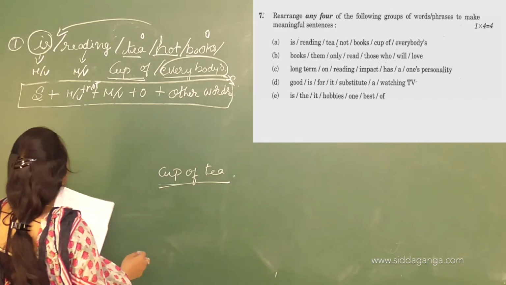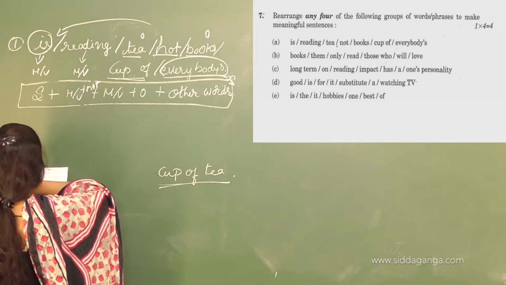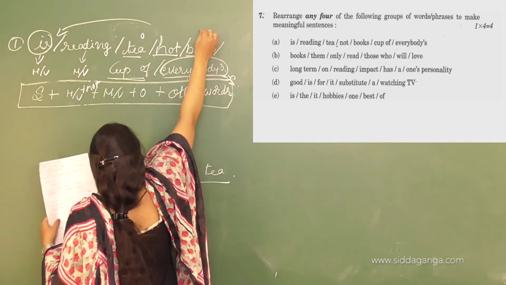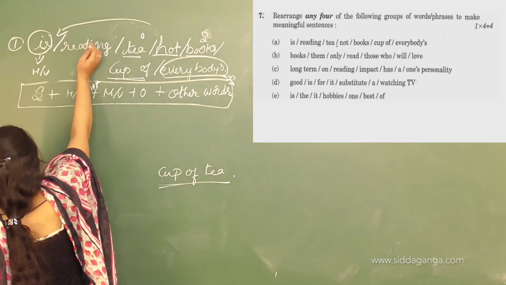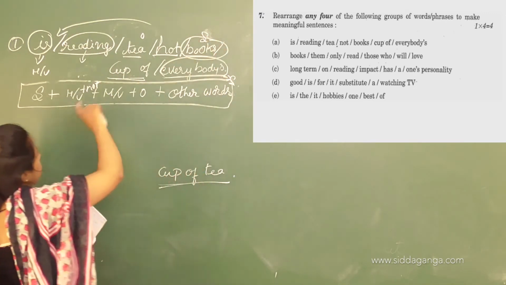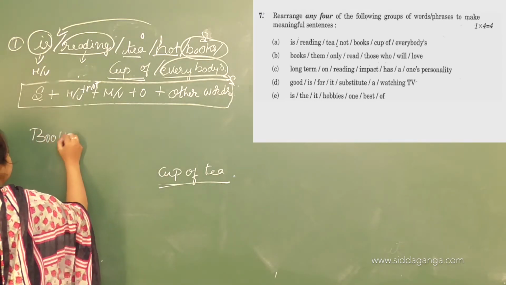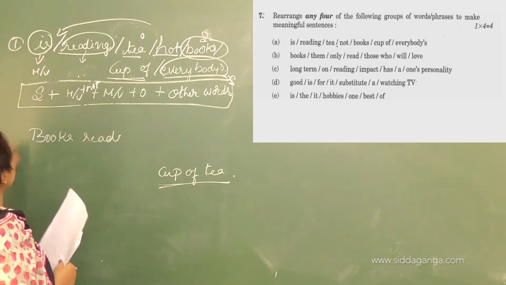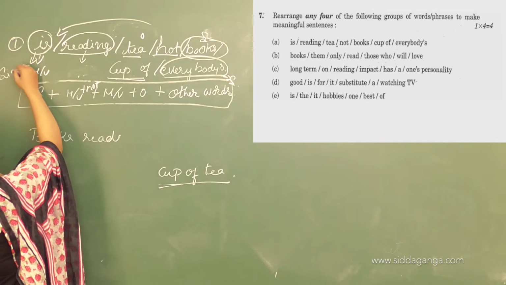Okay, so now we will take subject, books, reading. We use these two words as a whole, books reading, because here we have a singular helping verb, which is in present tense and singular form.